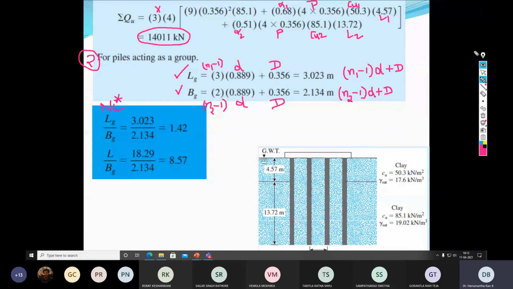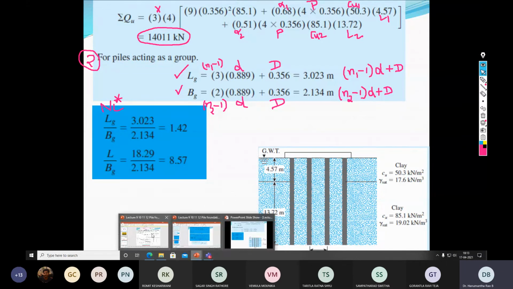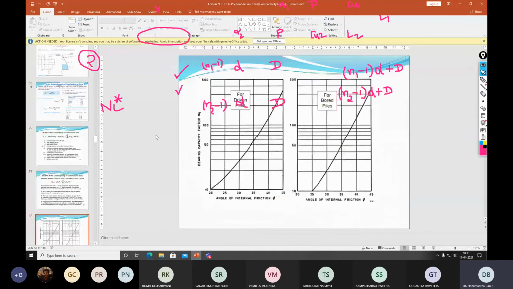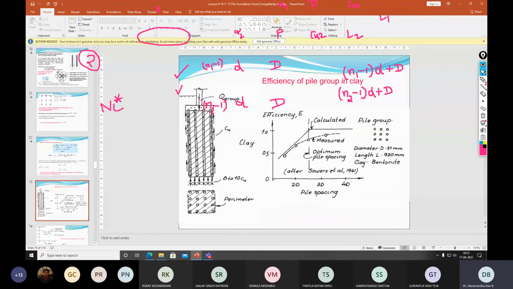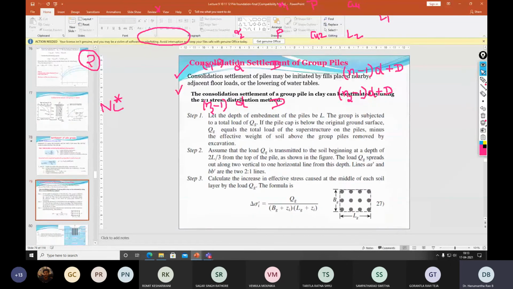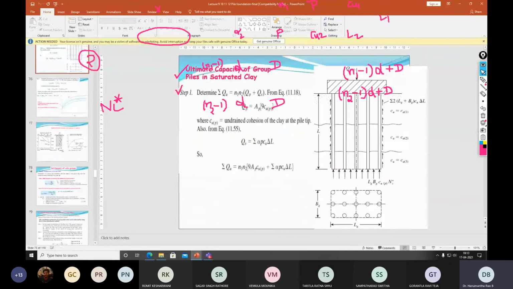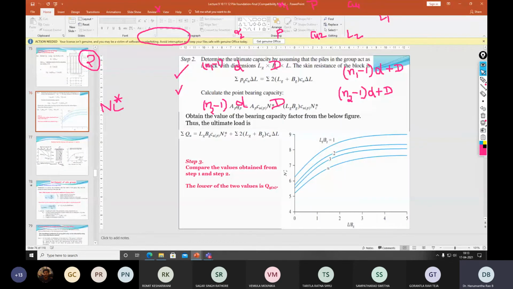So let me show you that relationship in case of the pile group. You just look at it: in case of the pile group, the NC star can be picked up based on the L by BG and LG by BG values. So try to calculate LG by BG and L by BG.